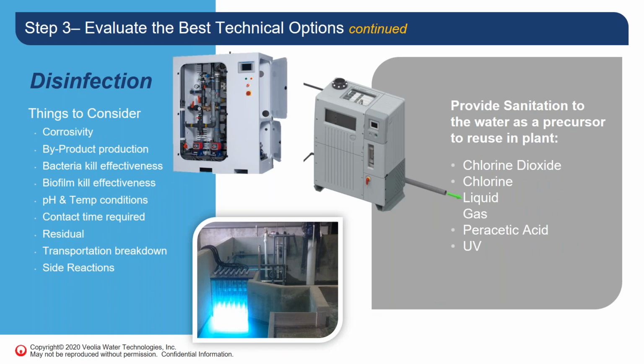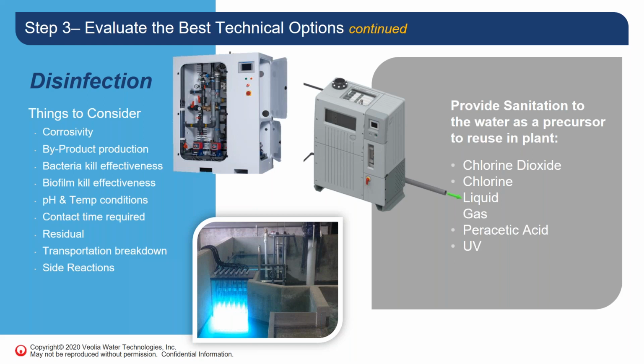And then again, moving water back into a plant, depending upon where you want to take the water from the process that you will have designed based on the opportunities that you have identified. Disinfection could be the last of the steps. So depending upon where you're taking that water, how corrosive it can be, whether there's any byproducts in the water that need to be killed, if you're looking at producing NSF quality water, depending upon what pH conditions the water is, and other such things to consider as mentioned in that list there.